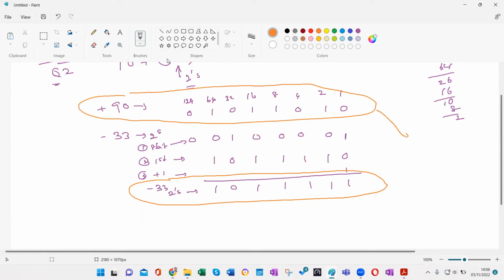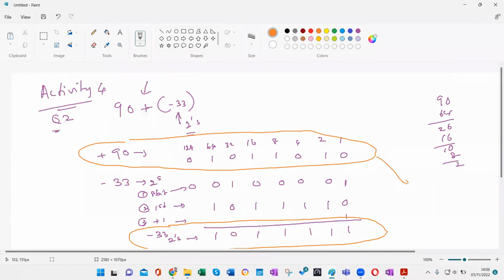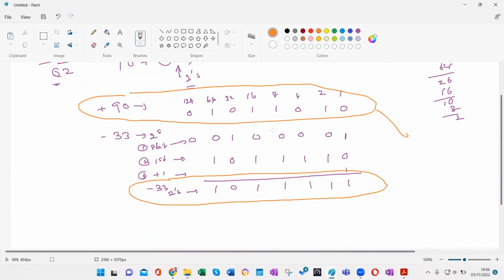Remember, adding, because 90 will be added to minus 33, which is the same as deducting 33 from 90. So this is 90: 0, 1, 0, 1, 1, 0, 1, 0.